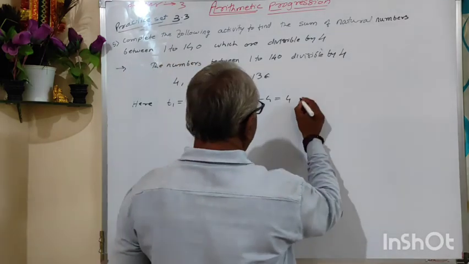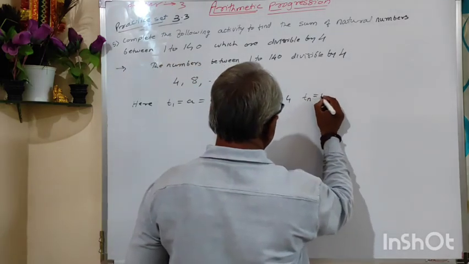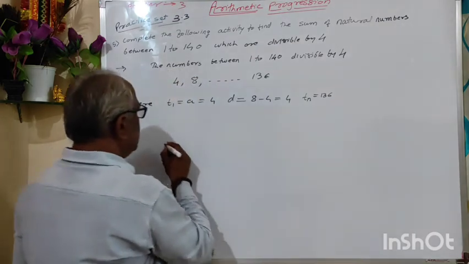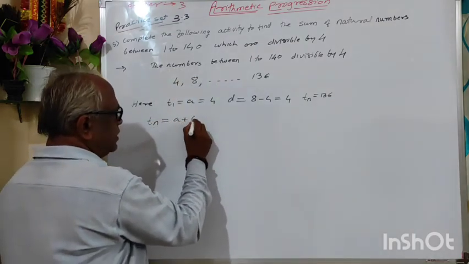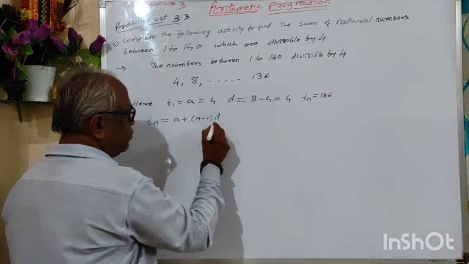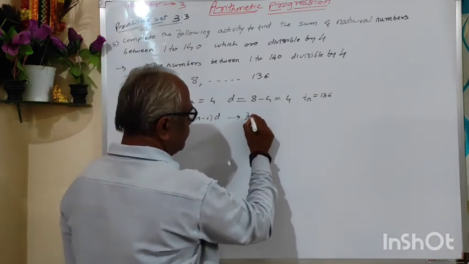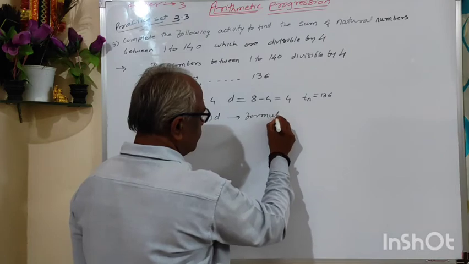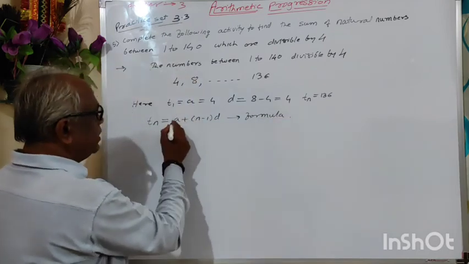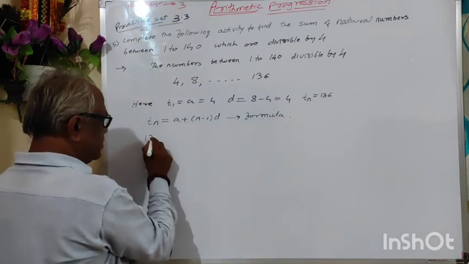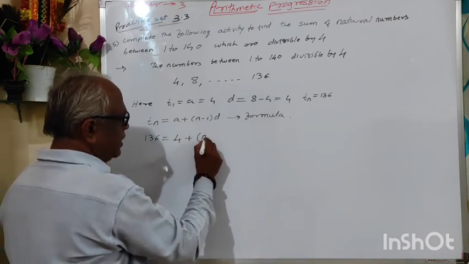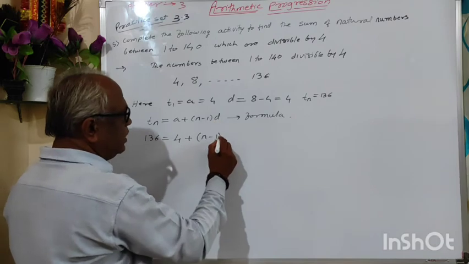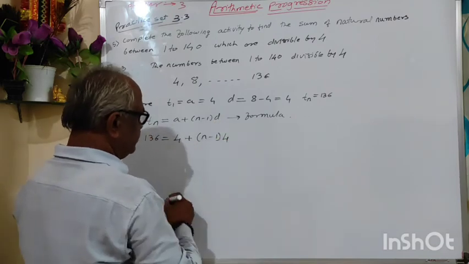And Tn is given here, Tn is equal to 136. Now we know the formula, Tn is equal to A plus in bracket n minus 1 into D. This is our formula. So here Tn is 136, which is equal to A is 4 plus in bracket n minus 1 into D is 4.